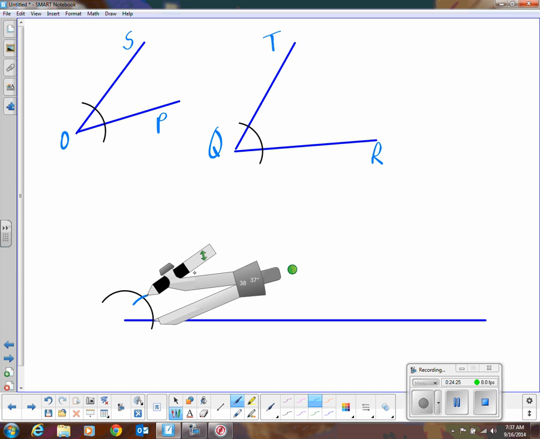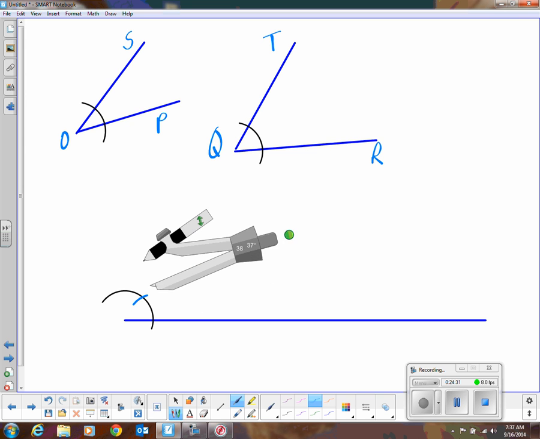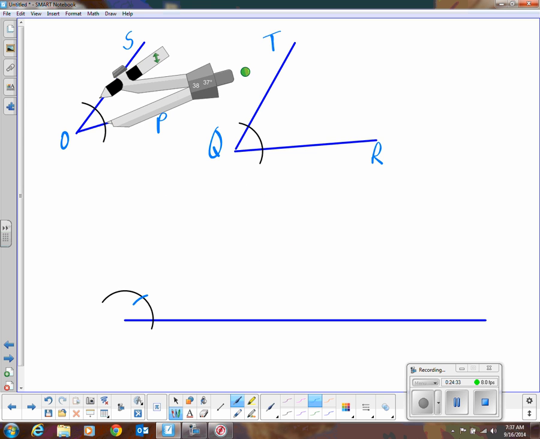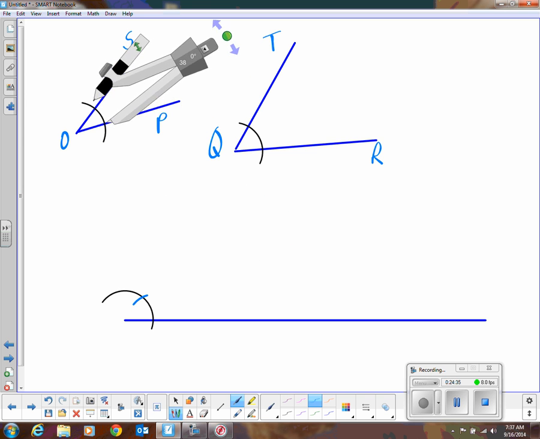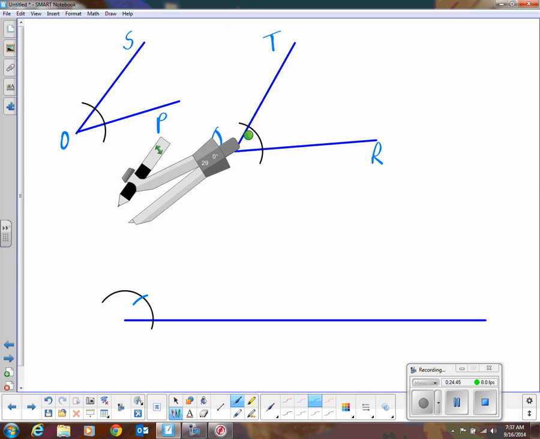So on segments, you kept marking off the segment. On angles, you keep marking off this arc. So now we're going to do the same thing, except we're going to come up here and measure the other angle. So I need to get my compass open to that angle. Now, I'm going to take this to the arc I just made.